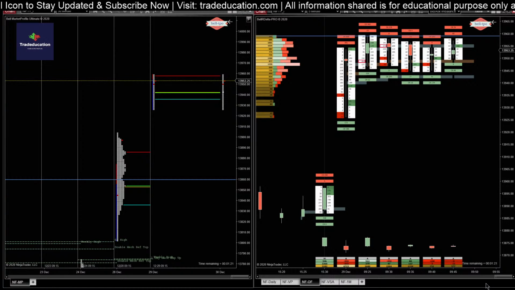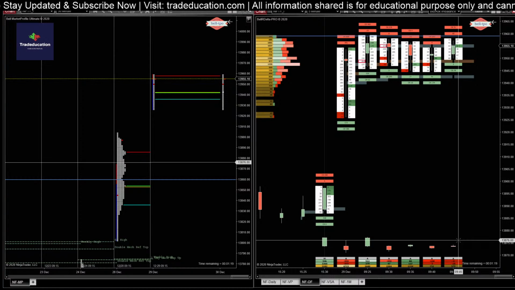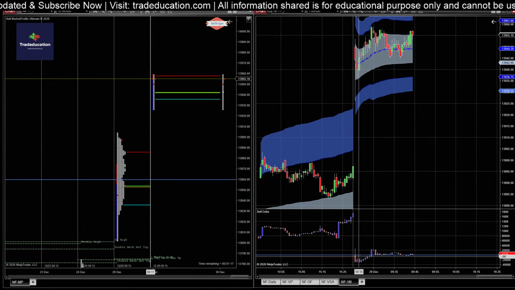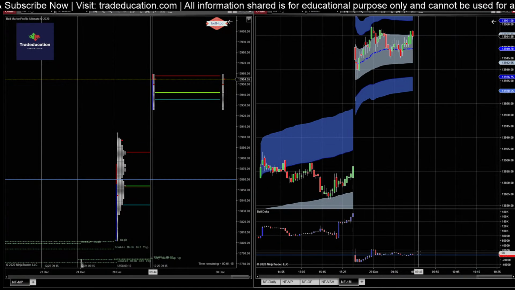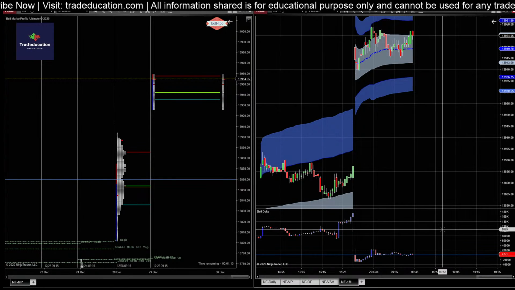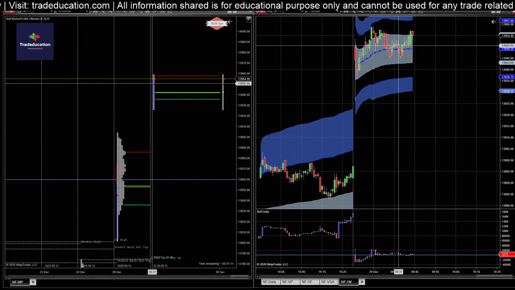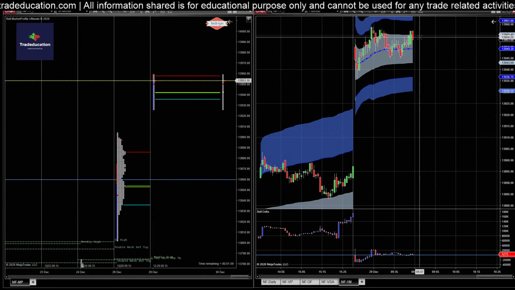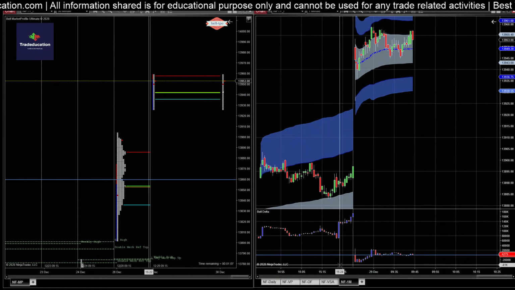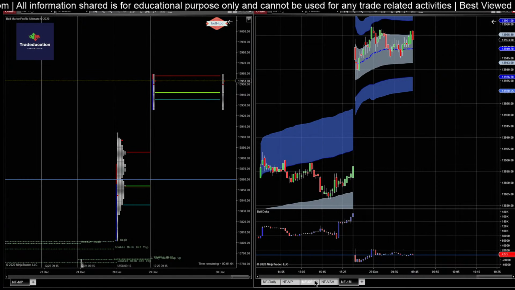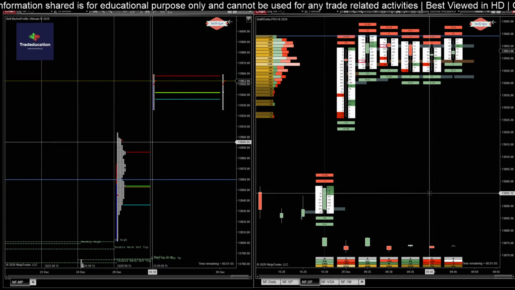Okay, sellers are stepping in again. Delta is turning negative here. It is sideways, just hovering around the zero line. Tagging the VWAP, going higher, again tagging the VWAP, going higher. Sellers stepping in, sideways. So expect a sort of rotational day today.